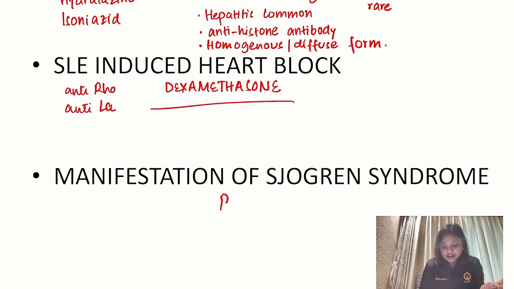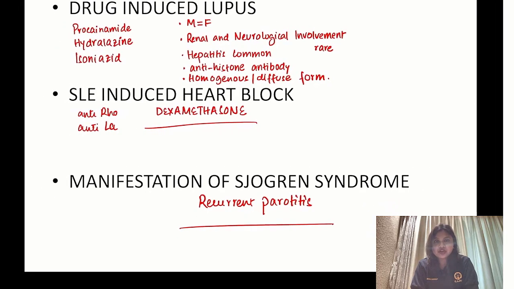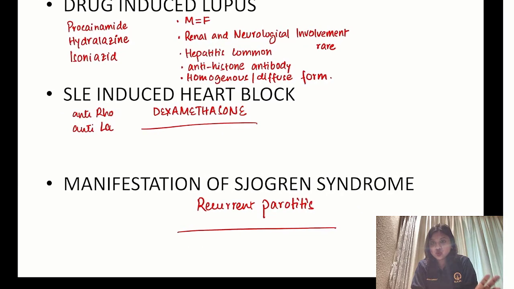So this one-liner I would like you all to remember: the most common manifestation of Sjogren syndrome in children is recurrent parotitis, unlike adults where xerophthalmia and xerostomia are more common. Understood? So here we read about drug-induced lupus, SLE-induced heart block, and the most common manifestation of Sjogren syndrome.